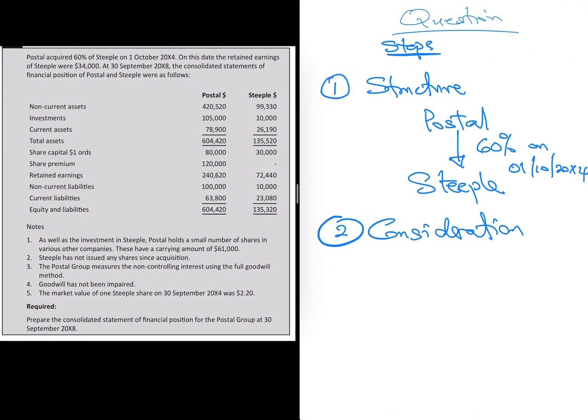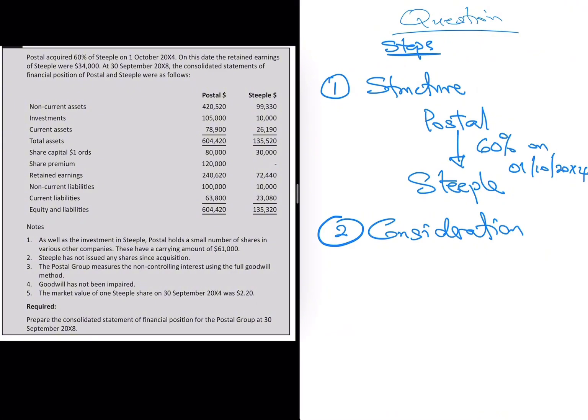Because they acquired 60% of the shares of Staple. And Staple had how many shares? This question said Staple has share capital, which is $1 ordinary shares. So which means one share has nominal value of $1.